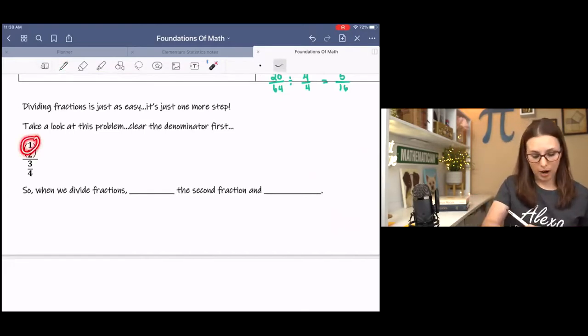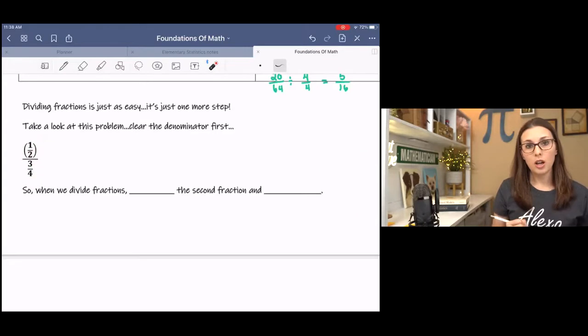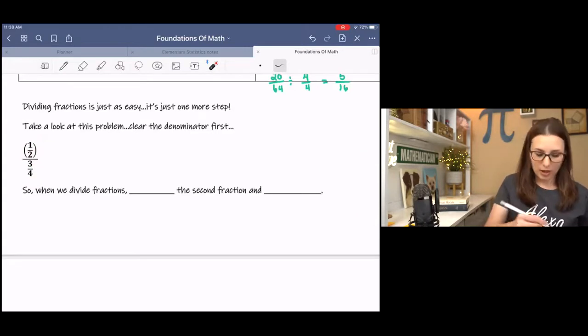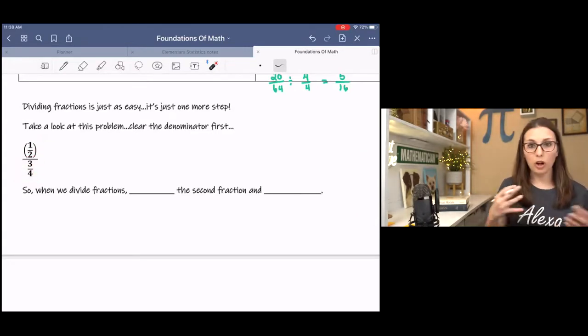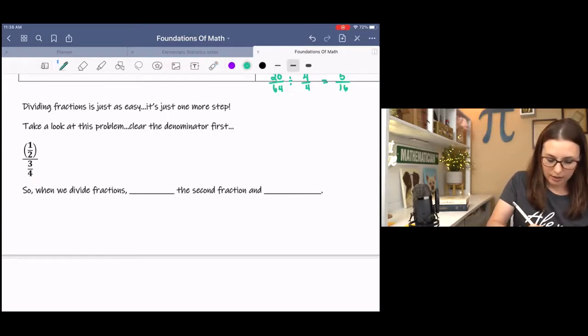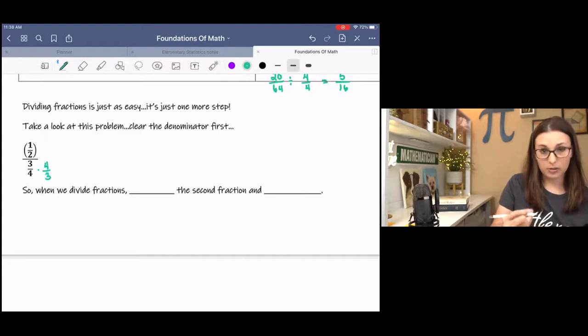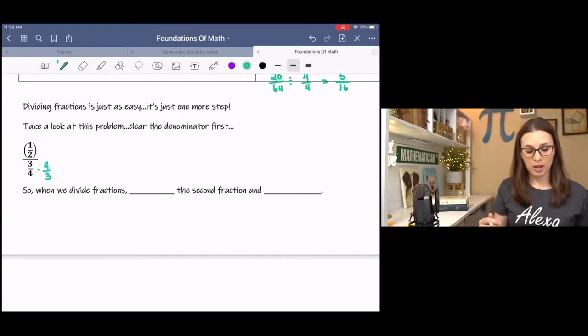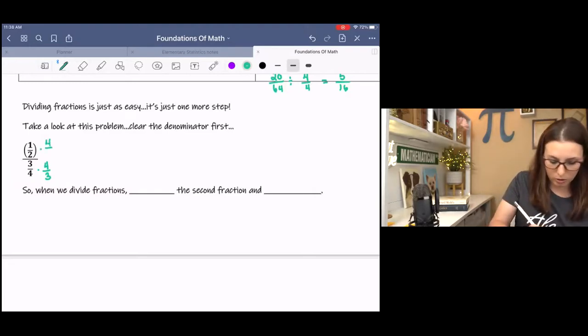I've got a fraction over a fraction. If I want to get this out of the denominator, then I can multiply by its inverse, which is its reciprocal. And to keep it balanced, whatever I did in the bottom, I also have to do to the top.